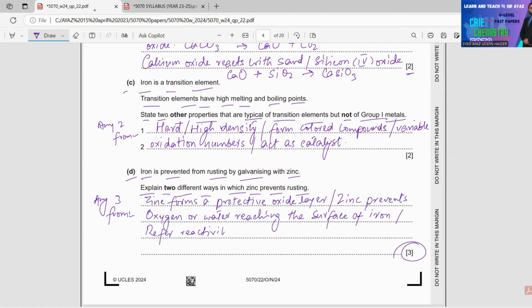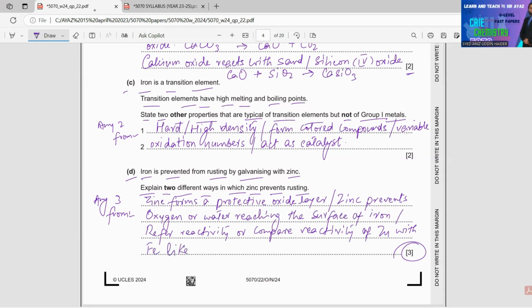Or you can even refer to the reactivity, or compare the reactivity of zinc with iron.